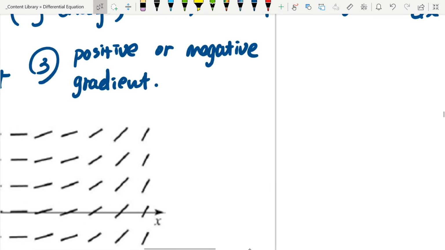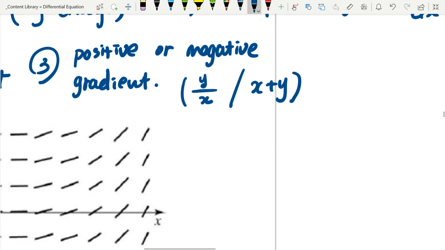Let's say you can't decide whether it's y divided by x or y plus x. If you left those two to decide, what's the method to think about? If you think about positive gradient or negative gradient, in which quadrant it will give you a very different answer.